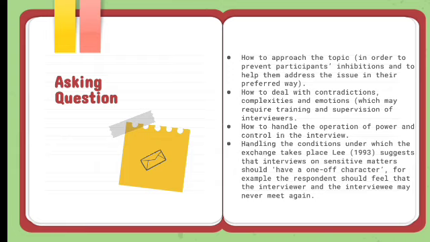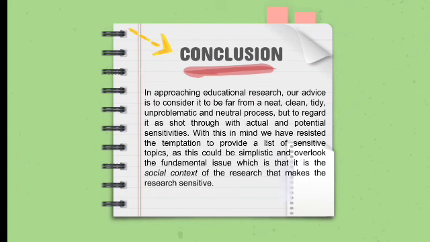Okay, the last one, the conclusion. In approaching educational research, our advice is to consider it to be far from a neat, clean, unproblematic, and neutral process, but to regard it as fraught with actual and potential sensitivities.